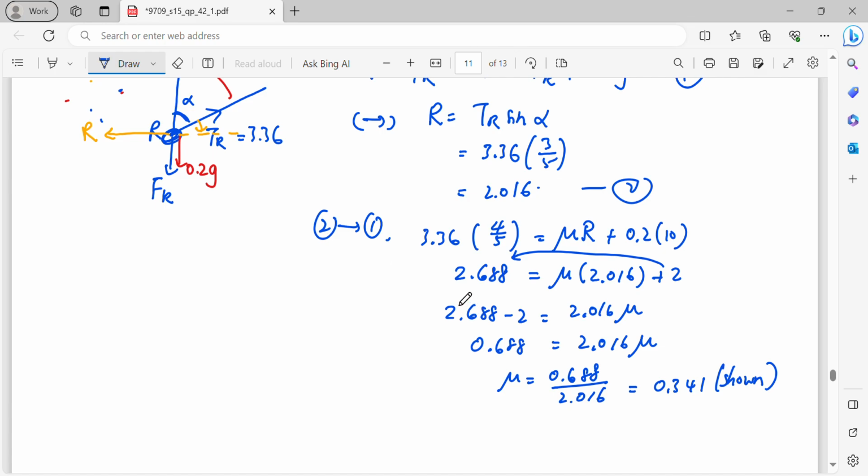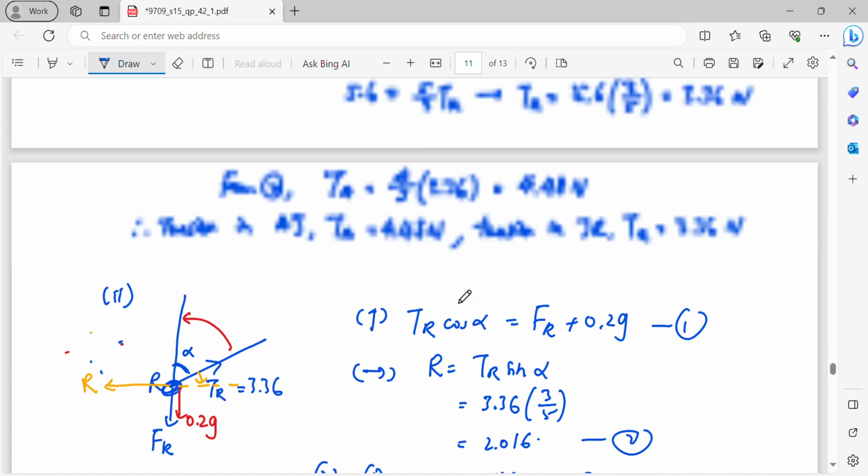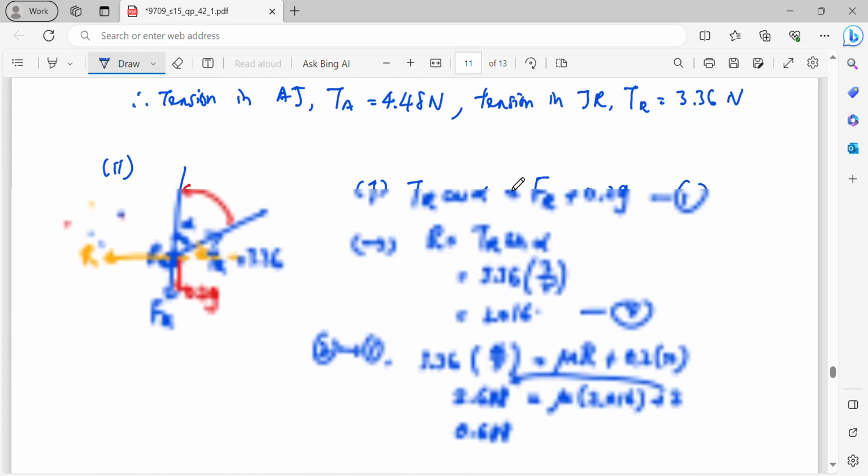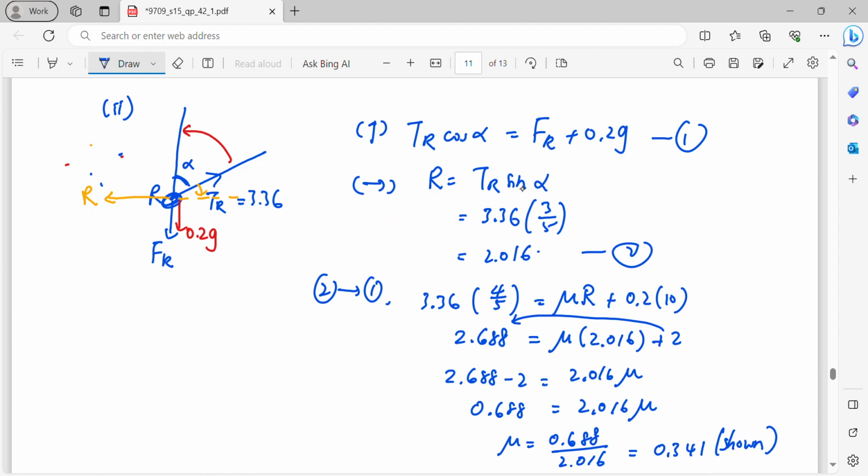Okay, now a particle of mass m kg is attached to R. Okay, so here, because I normally write F equals to mu R, therefore I use the R here. This is actually the normal reaction, right?